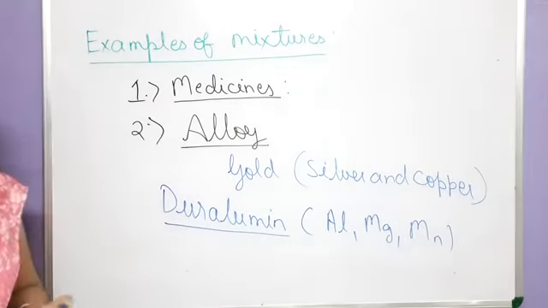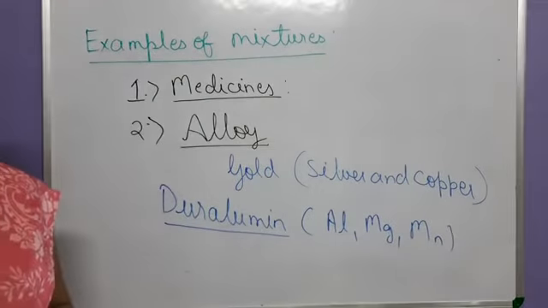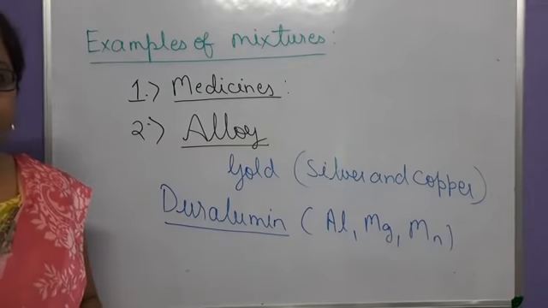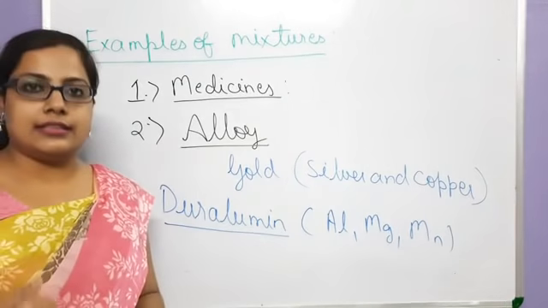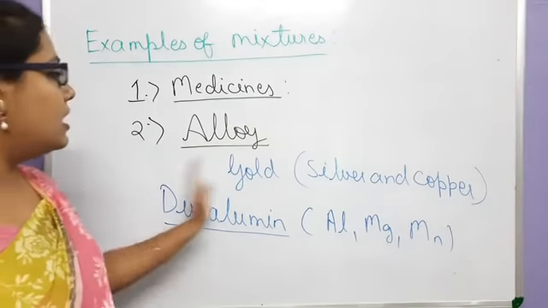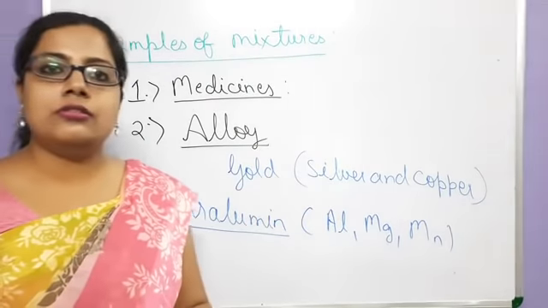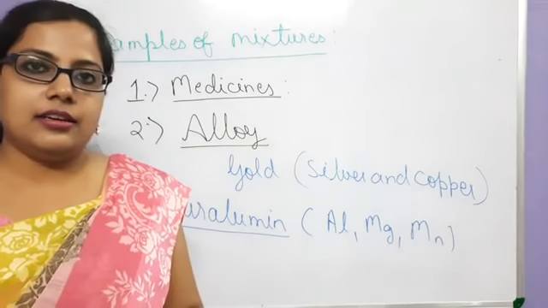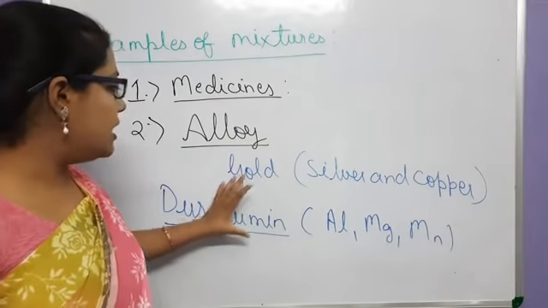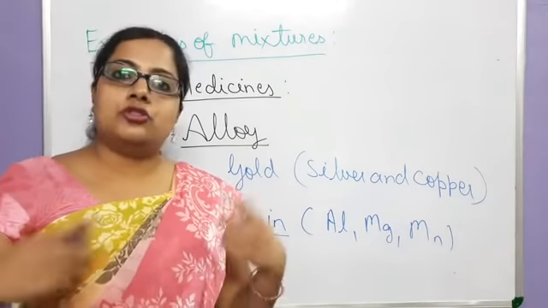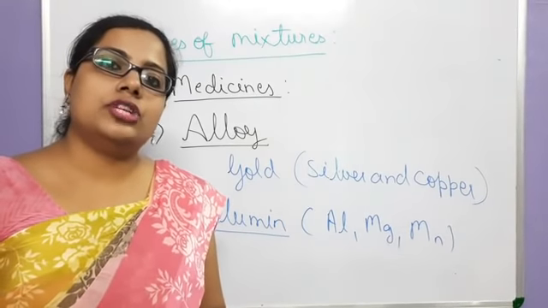Now the original aluminium is not that strong. Though it is light, it is not very strong, and it is also not corrosion resistant. But if we form the alloy duralumin, then the aluminium becomes strong also, and it is light as well, and it is corrosion resistant.